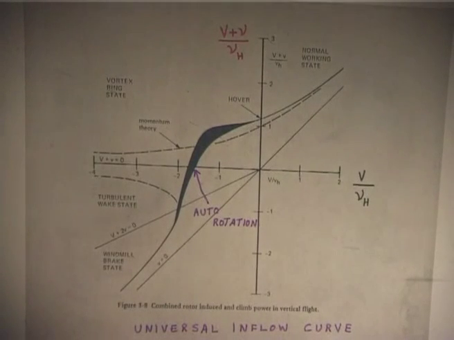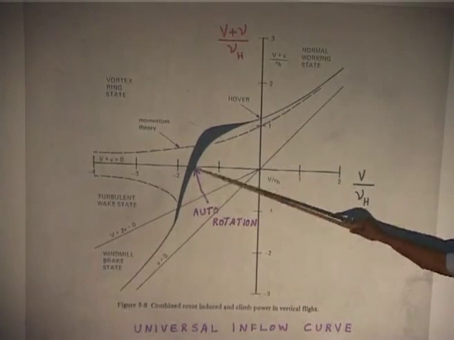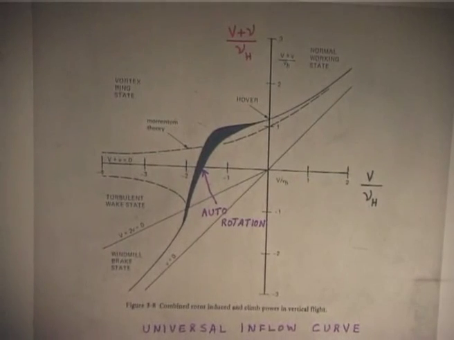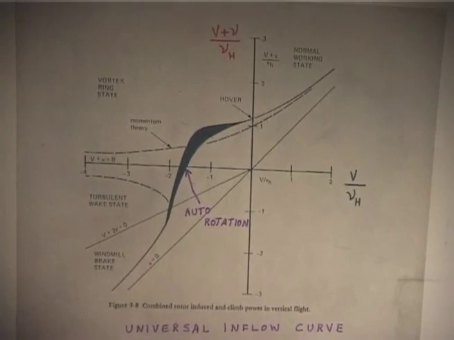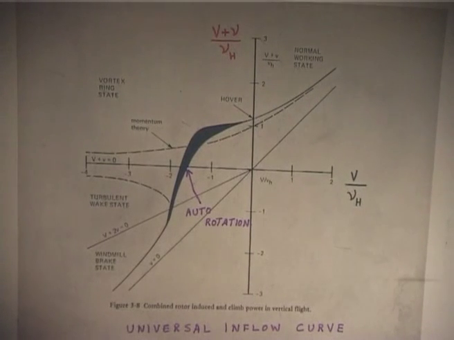And then just this black patch is by experimentally you try to get an inflow. You can do that. And then they are all plotted as some patch.